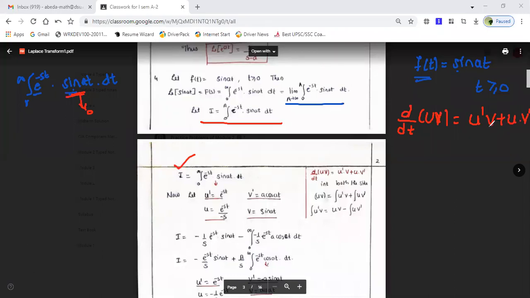Now I integrate both sides, because that's what integration by parts says. So the differential will cancel with the integration. I am just left with u into v is equal to the integral of u dash v plus the integral of u into v dash. You can read u dash as u prime, it's up to you. So this is what we get.